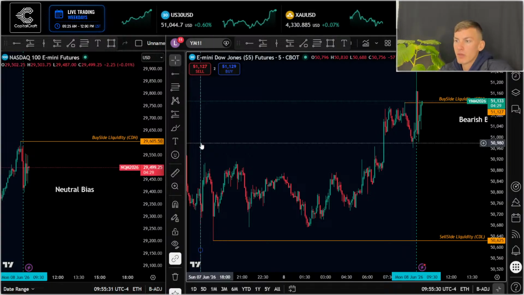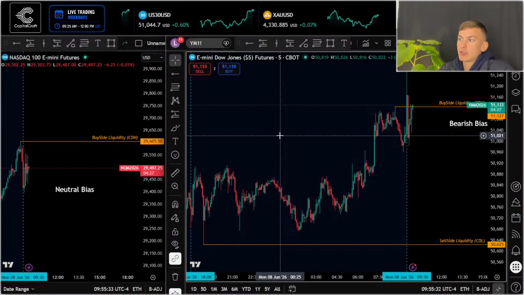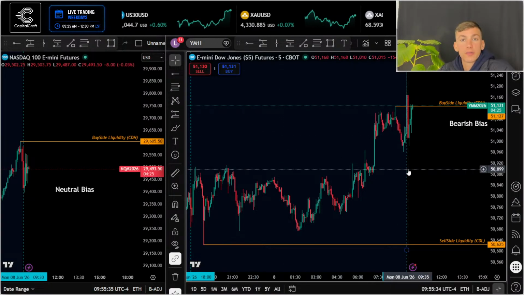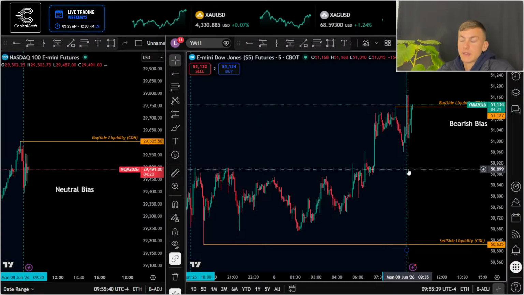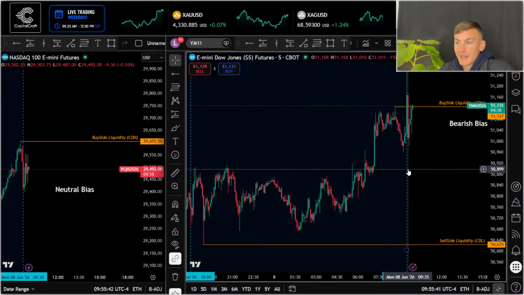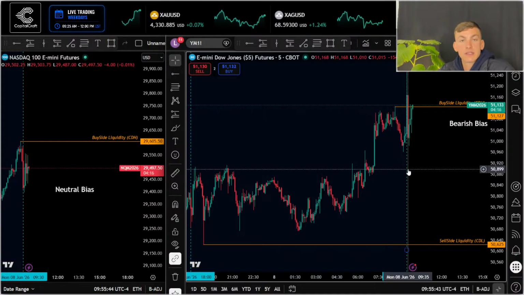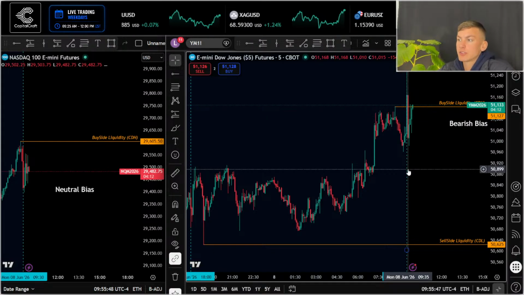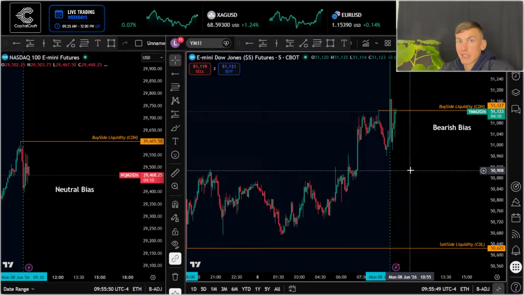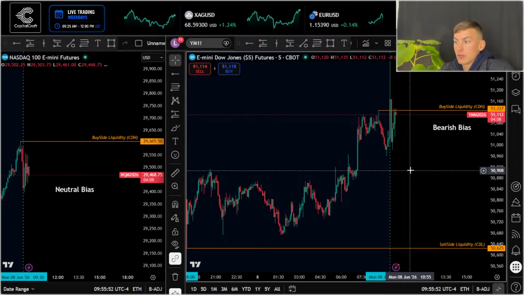Okay? Thereafter, I draw a vertical line at 9:30, because 9:30 is the start of our bond market, and that is essentially when liquidity will be at its highest. That's when the indices tend to wake up. That's when they go for their specific liquidity levels, and we are only interested in price action after the 9:30 opening bell.